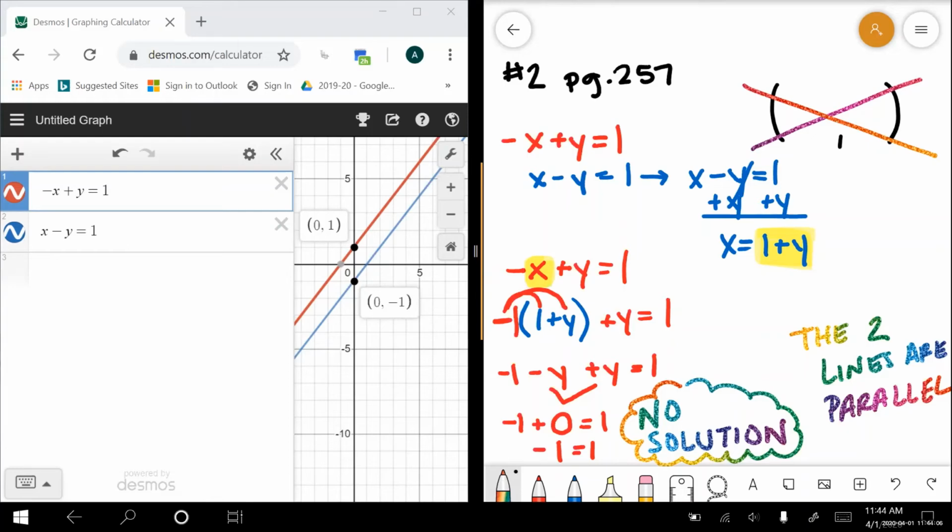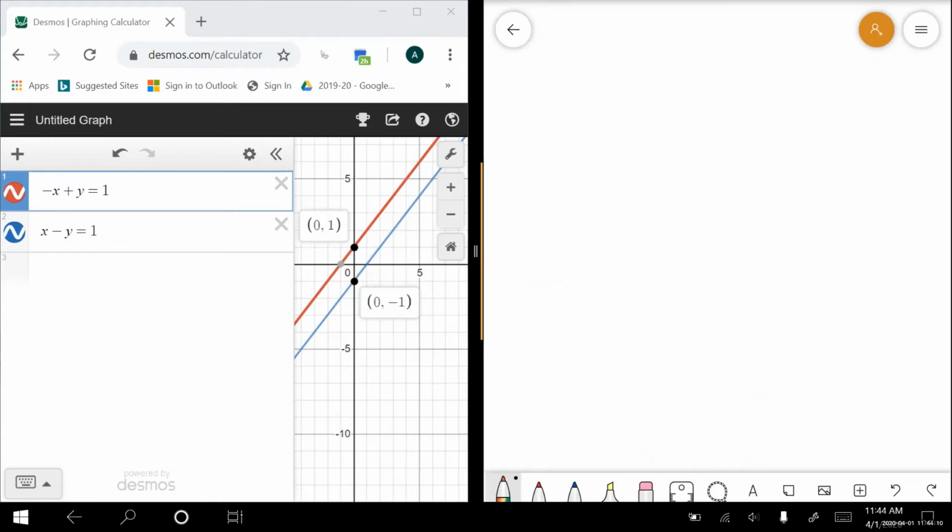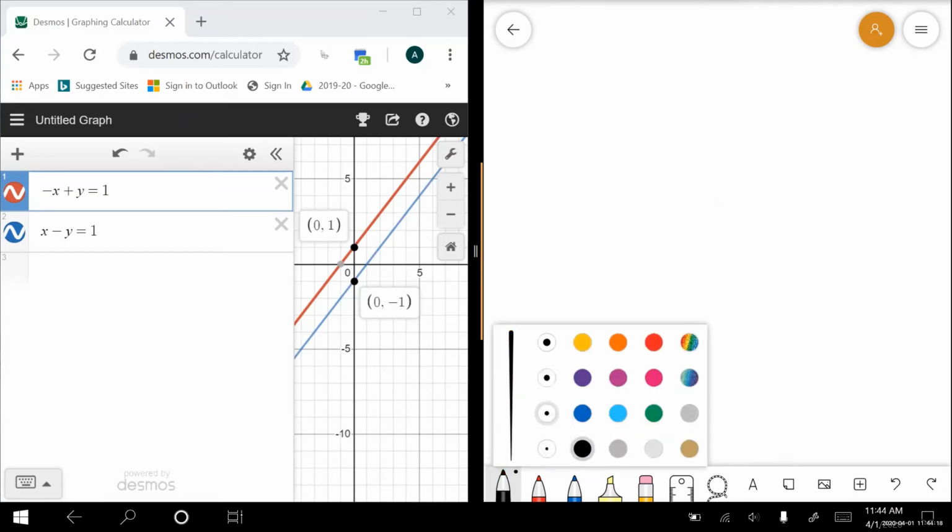Let's do one more example together, and that's going to wrap up our notes for today with this final example. Okay, this example is coming out of your textbook again. Same section, 5.4. And we're going to go ahead and do number 4.